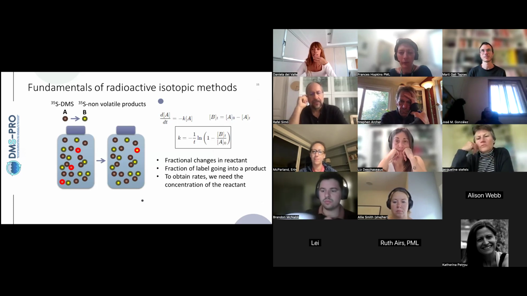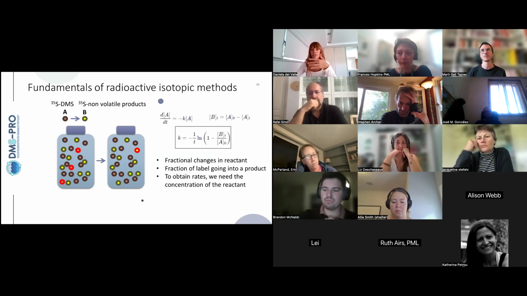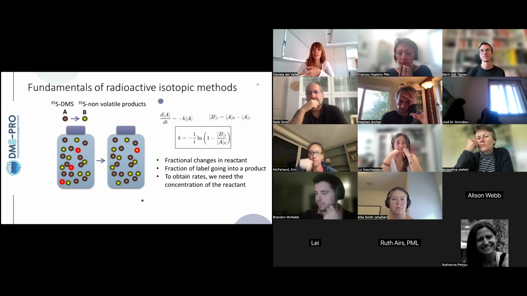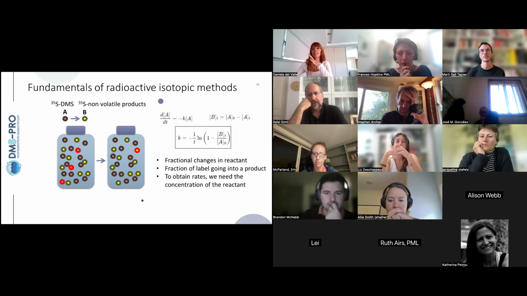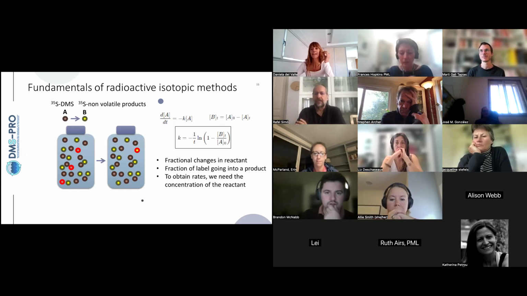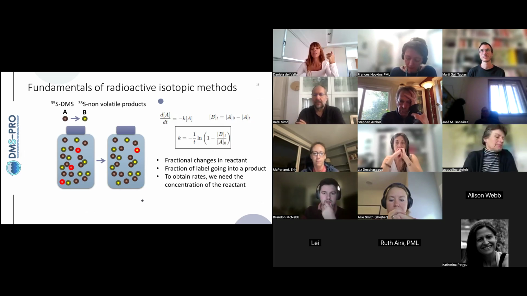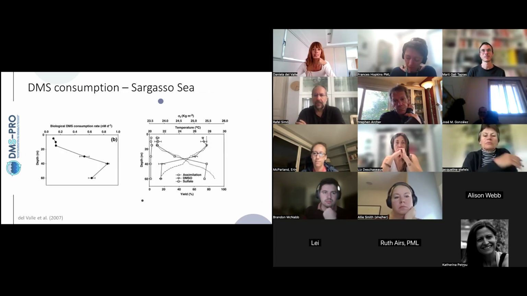Even though this equation is showing concentrations, we can replace those by the activity of DMS at the beginning of the incubation and the activity of the non-volatile products, because of the proportionality between concentration and activity. So it's important to notice that what we are measuring are rate constants. To obtain actual consumption rates in units of concentration per unit of time, we need to multiply that rate constant by the in situ concentration of the reactant. And we'll see now that sometimes it's not that simple.